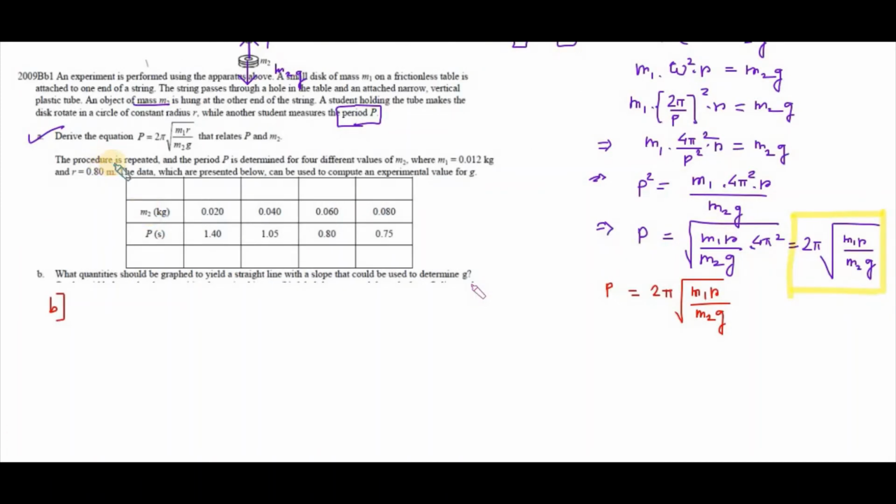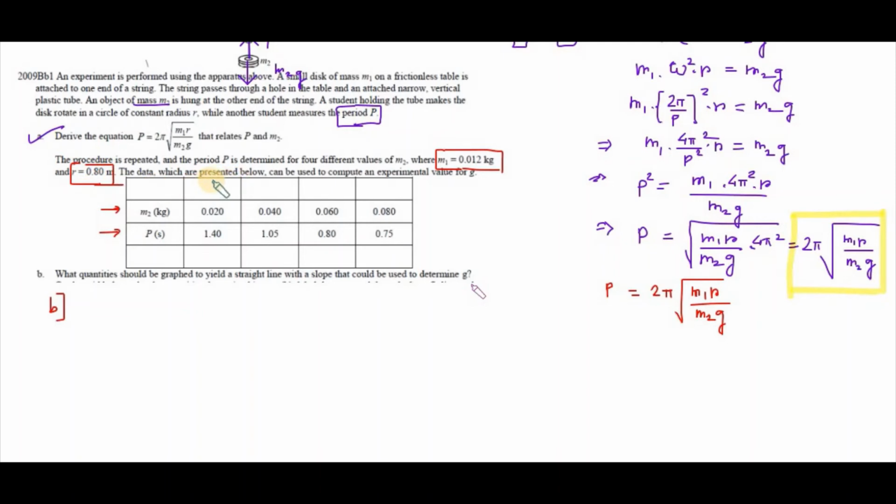So in the next part, the procedure is repeated and the period P is determined for 4 different values of m2. So m2 is given and the period P is given, where m1 is 0.0012 kg and r equals 0.08. That means these two values, m1 and r, are constant in the expression.